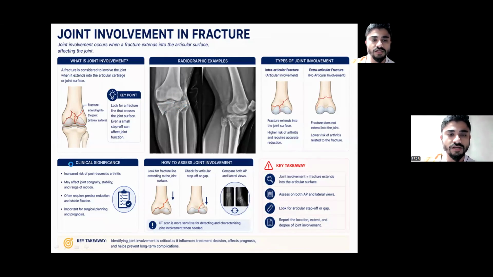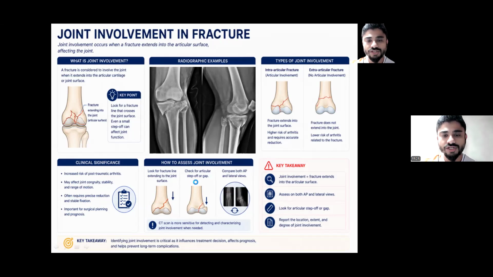Okay, what is the clinical significance? These fractures are at increased risk of post-traumatic arthritis, may affect joint congruity, stability, and range of motion, often require precise reduction and stable fixation, and are important for surgical planning and prognosis.